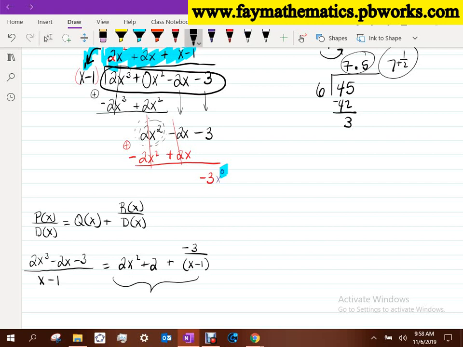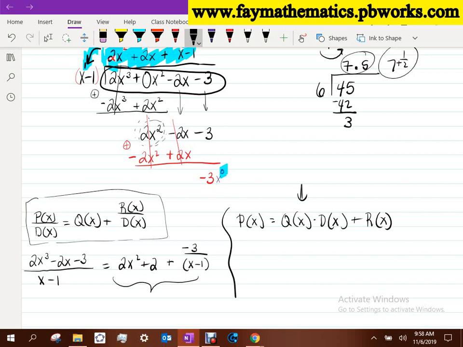An alternative way of writing it is to say P of x is equal to your quotient of x times your divisor of x plus your remainder of x. And the way that we get this rule is that we started with this one and just multiply everything by that D of x, to get rid of the fraction.